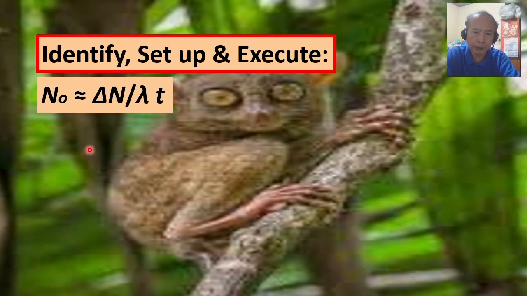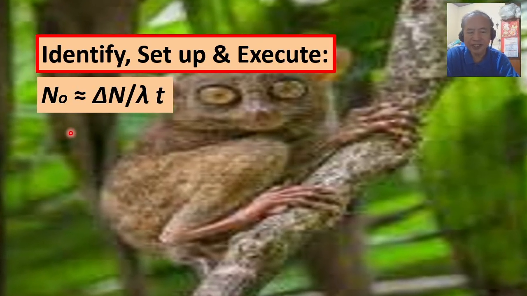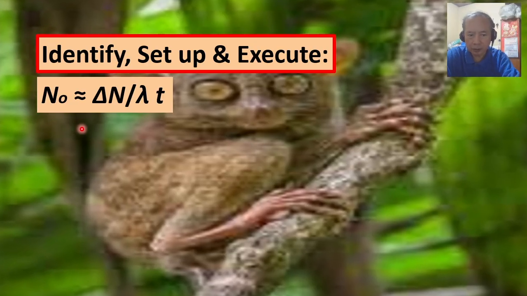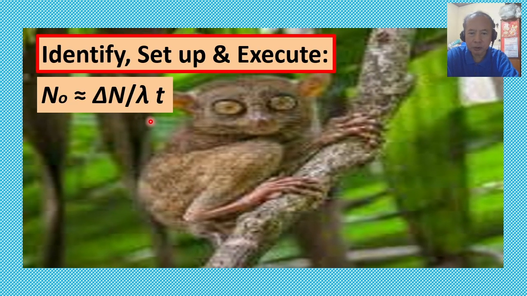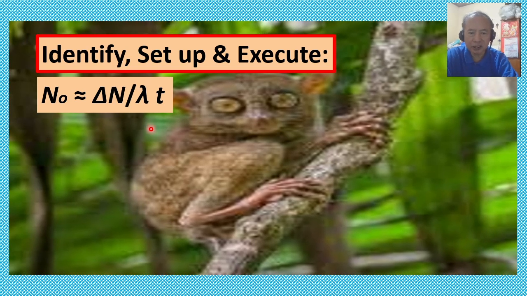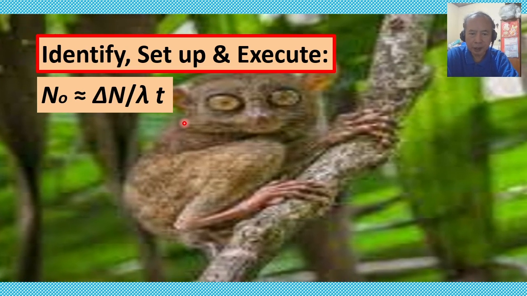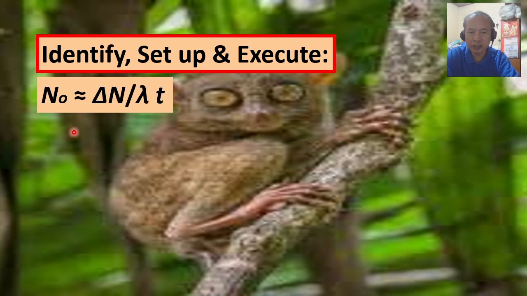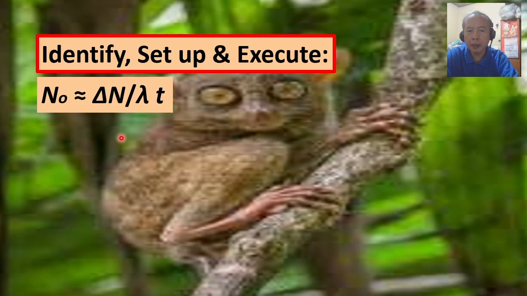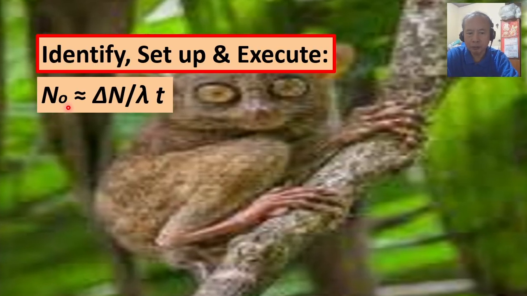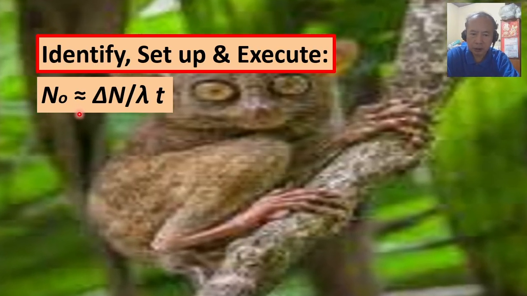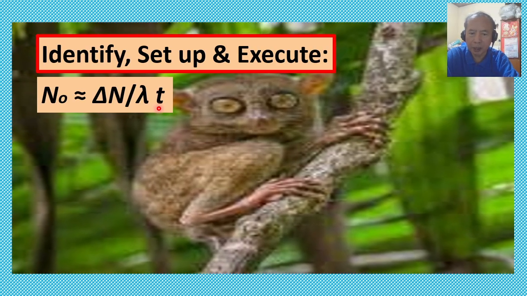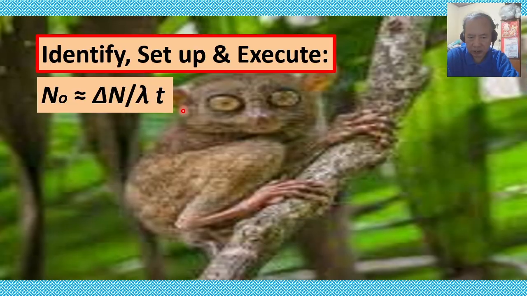Finally, we can now estimate the number of cesium-137 atoms initially, at the start of the time duration of 1 week. So it's just an approximate value for N naught. N naught is approximately equal to delta N divided by the product of lambda and the time t.